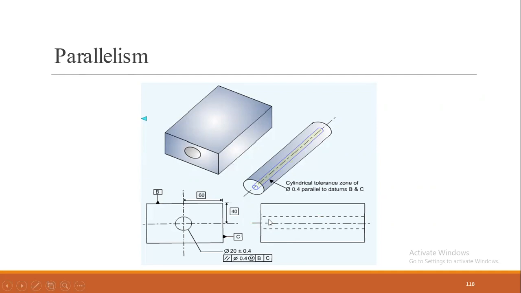In parallelism, if you see, I create a hole in this block. If you see these dotted lines, we require them to be parallel. If they are not parallel, you will get some errors.